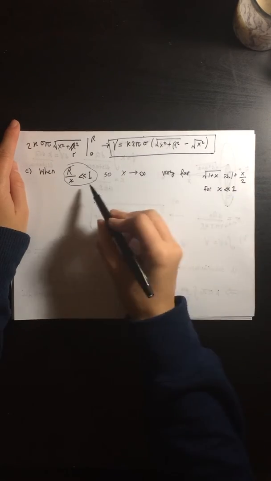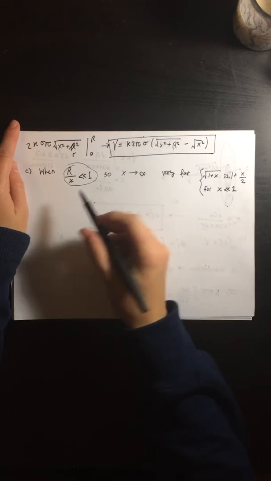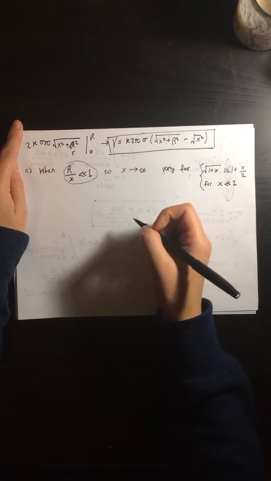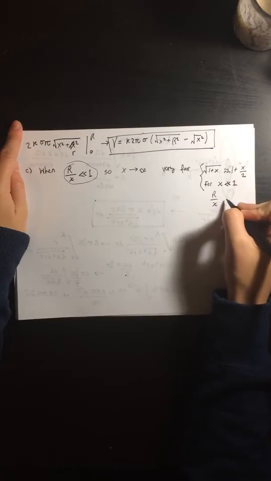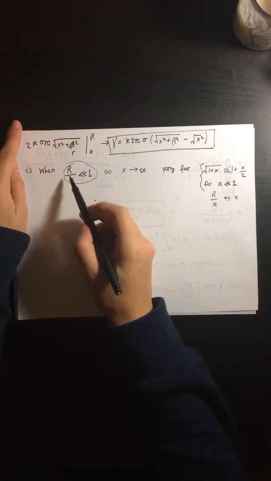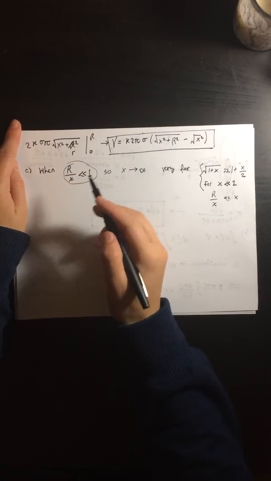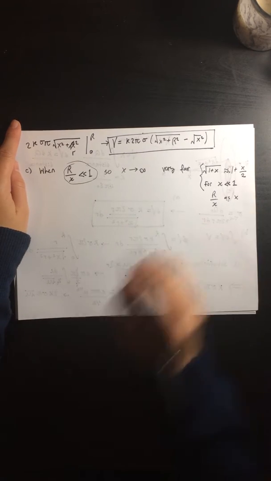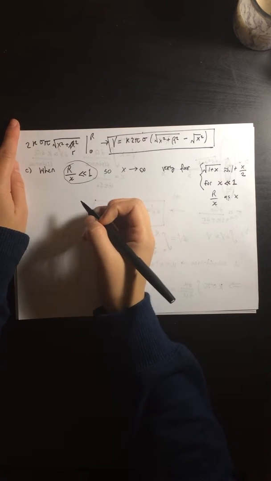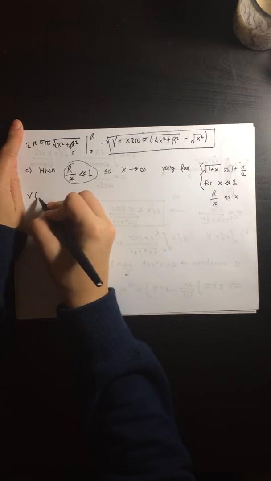This is not the same x, this is just the standard notation, but we're talking about different x's here. We're going to use r over x for x, because that's what we have here. Since r over x is less than 1, this entire thing is much, much less than 1. So let's massage the formula so that we can get this into our formula.